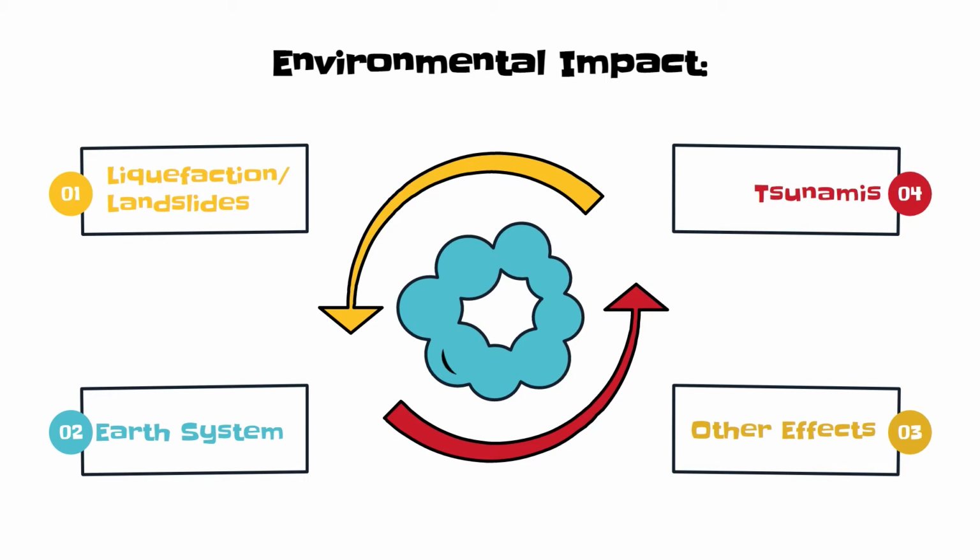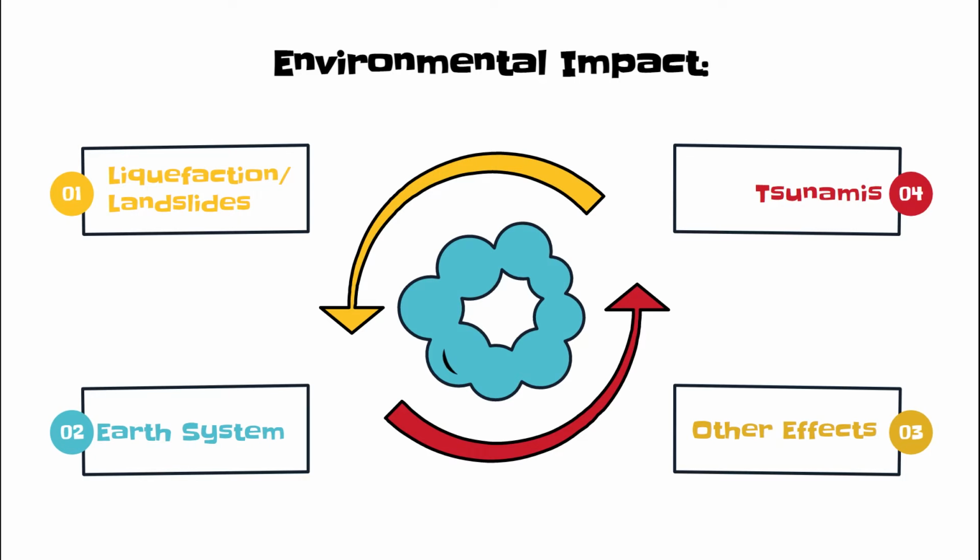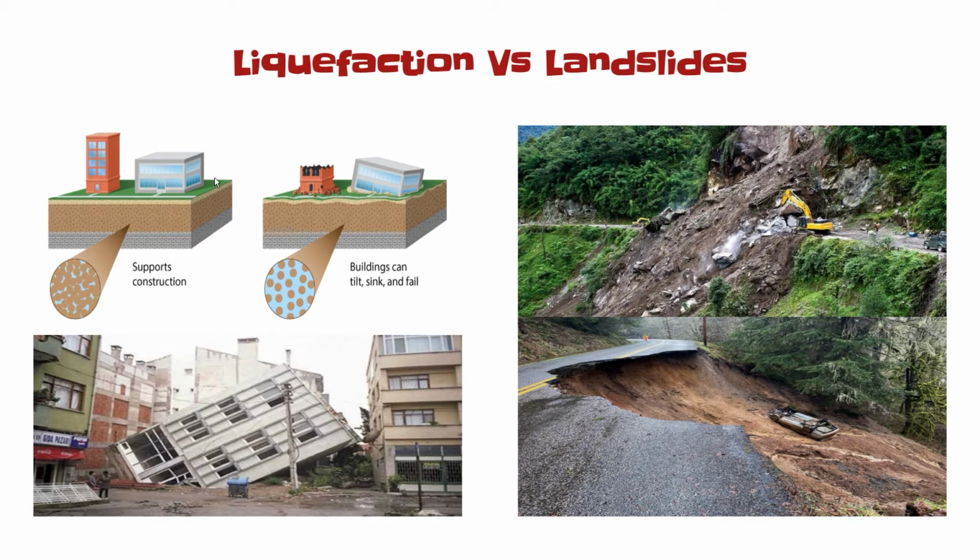Okay, so the earthquake not only had a massive human impact, it also tremendously affected the environment. So along with the major human life impact, there were two major hazards affecting the landscape, including liquefaction and landslides. So liquefaction occurs when loosely packed waterlogged sediment at or near the ground surface loses its strength, and this results in the ground shaking.